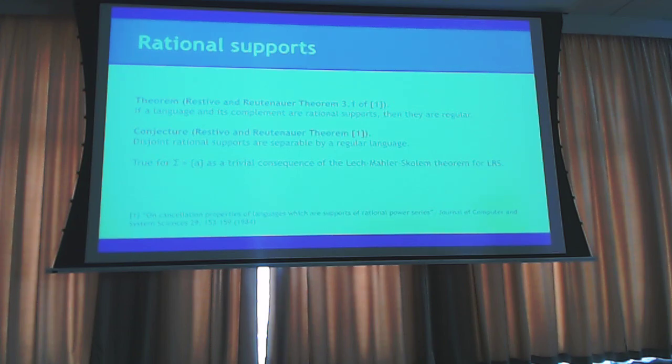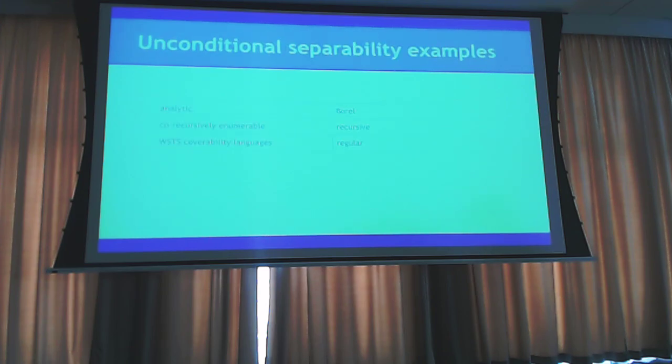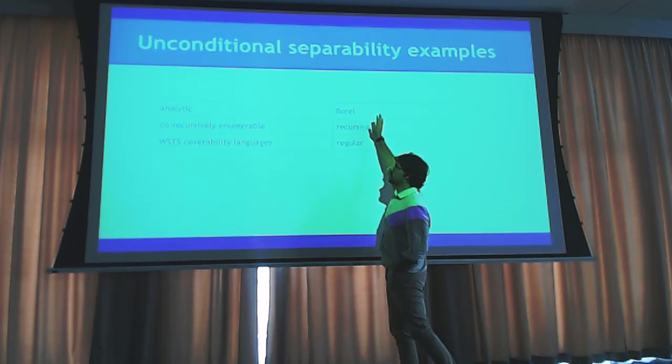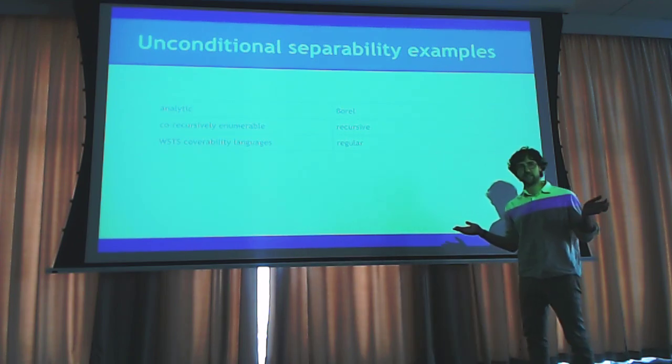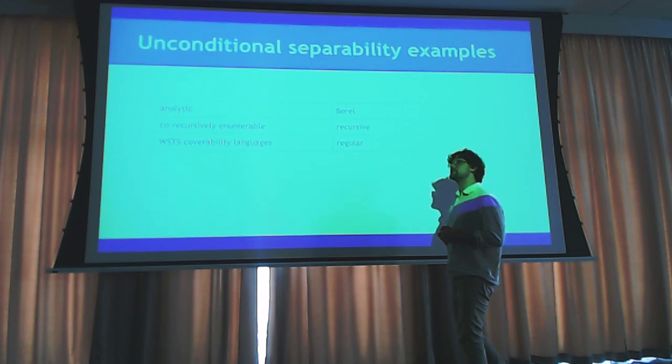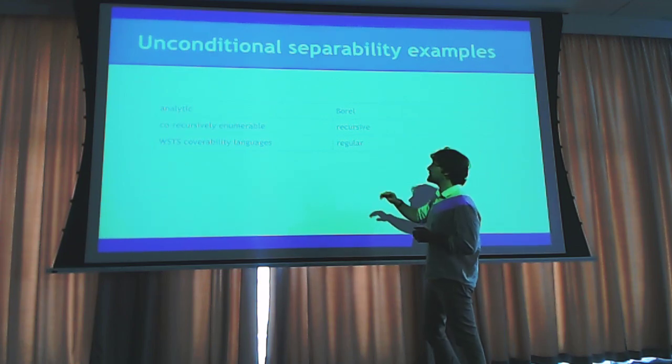And these kinds of separability results, which are unconditional, are kind of common. I just mentioned three examples, other examples are known to hold. Maybe the oldest one I remember is this result from topology: if you have two disjoint analytic sets, they're always Borel separable, Lusin's theorem.